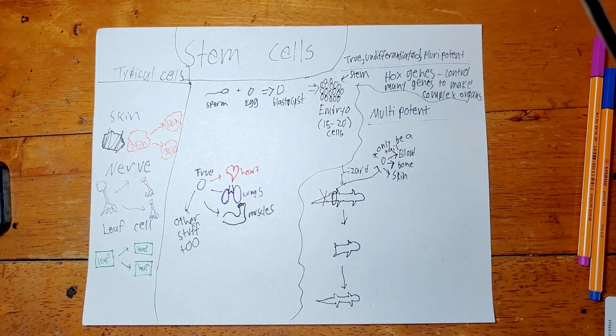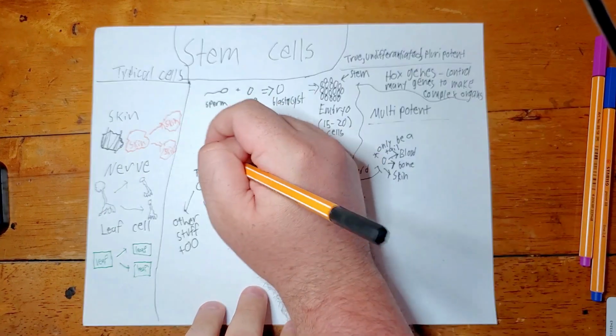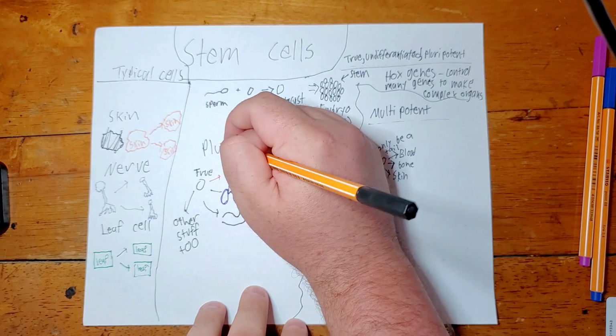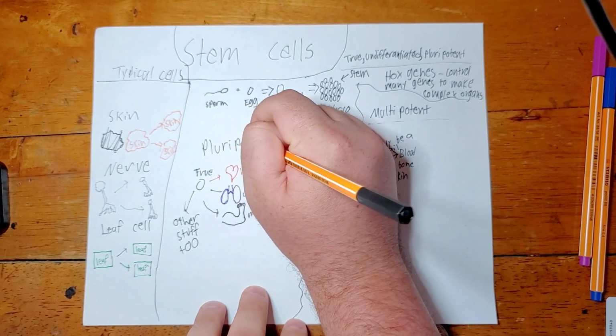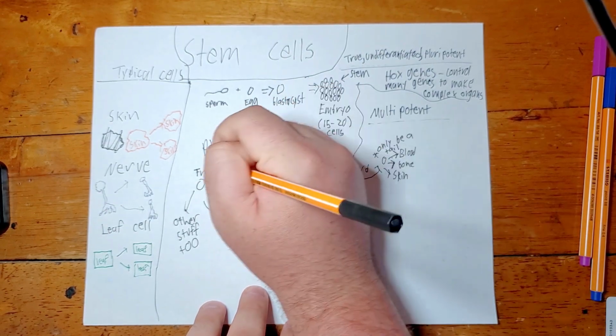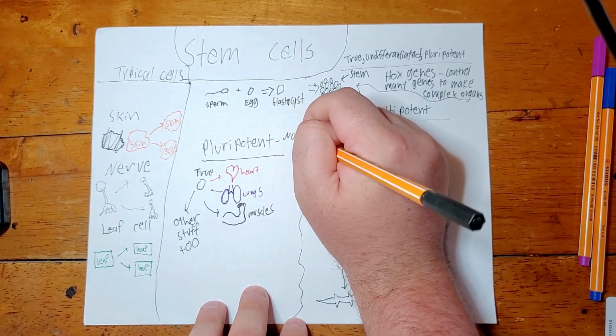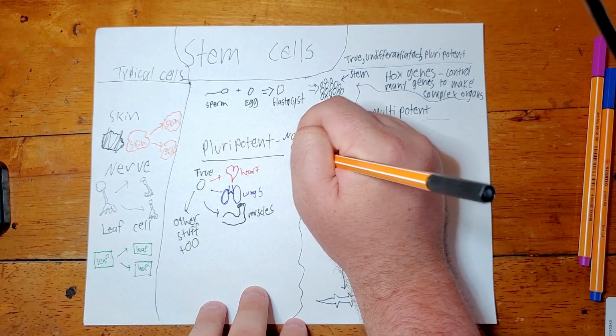And so in stem cells, none of these Hox genes are turned on, right? They're all turned off. Any single one of those Hox genes could be activated, and those cells would go on to make those cells. So if we look at a pluripotent stem cell, it has no Hox genes activated.